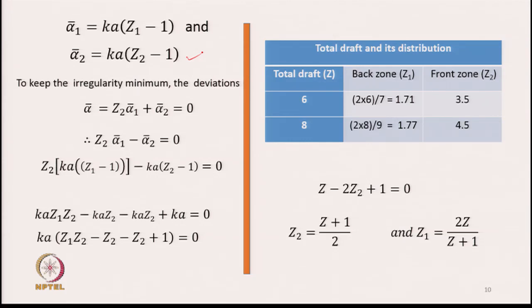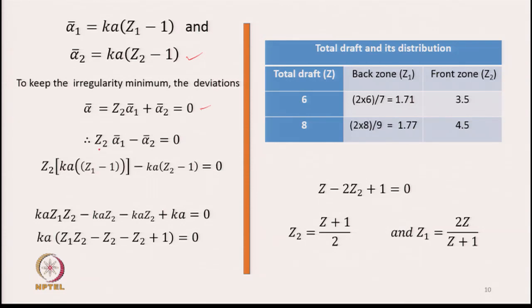To keep the irregularity minimum, the final total deviation, which is alpha bar, should be 0. So if we put alpha bar to be 0, then we can write Z2 alpha 1 bar plus alpha 2 bar is going to be 0.